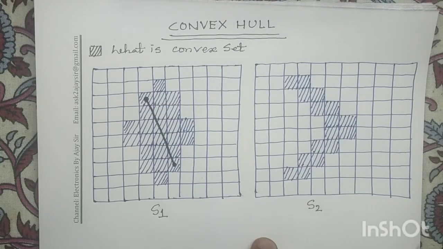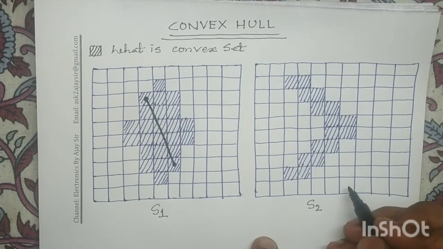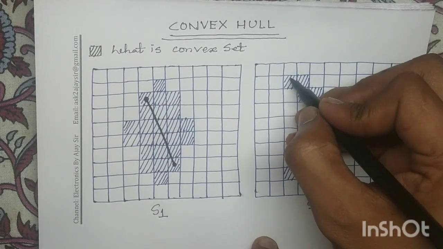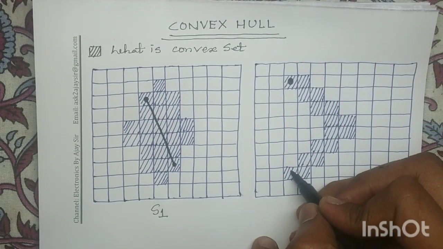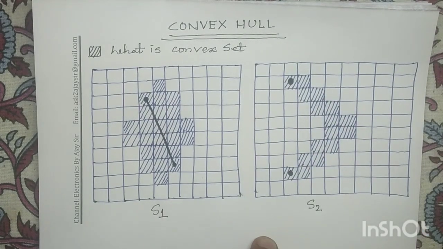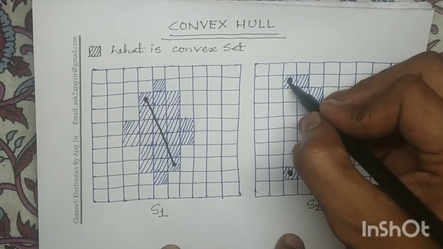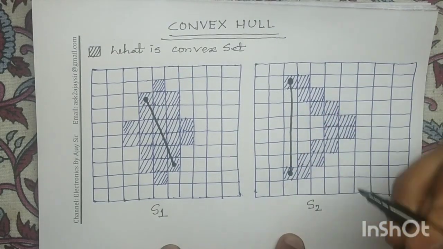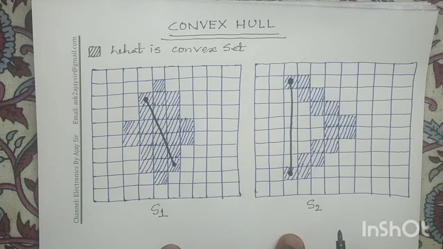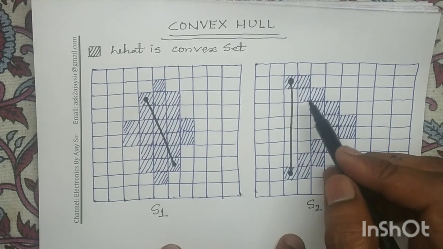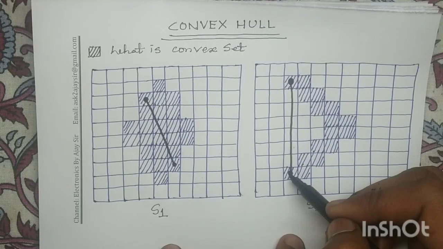Otherwise, in this digital image S2, I choose 2 points, I choose a pair of points and I connect them with a straight line. Now this straight line is not passing through the object set. In other words, this straight line is not passing through the object pixels.